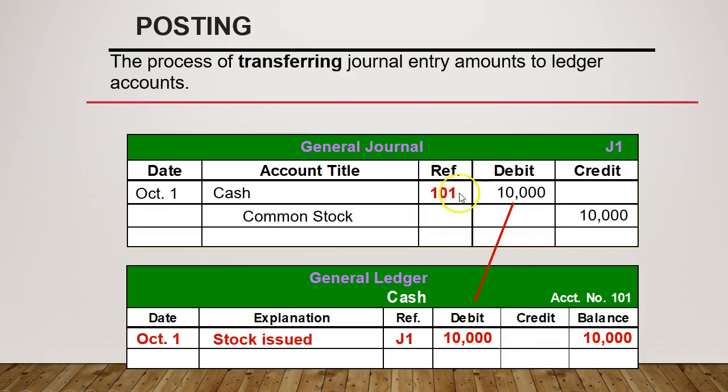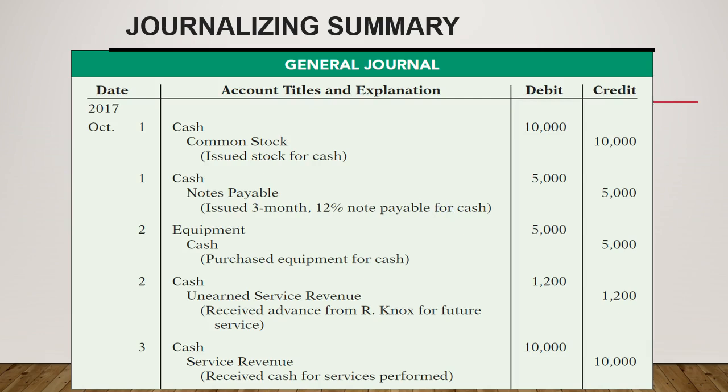In the journal, the reference column stays blank until you have posted the information into the appropriate ledger account. Notice that next to common stock, we do not see an account number. That's because this transaction has not yet been posted into the common stock ledger account.